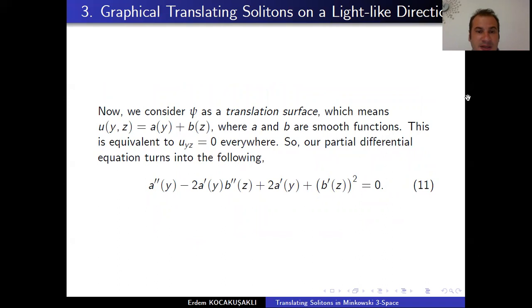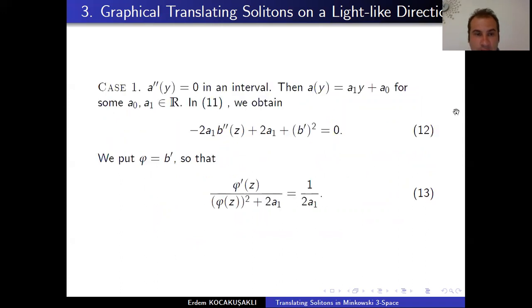Now, let's consider a translation surface. Then our partial differential equation turns into the following equation, given in 11. Now, we have two cases. In case 1, if the second derivative of a equals 0, then our equation 11 turns into equation 12.